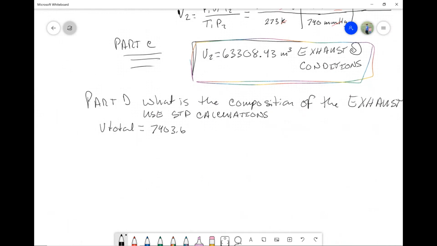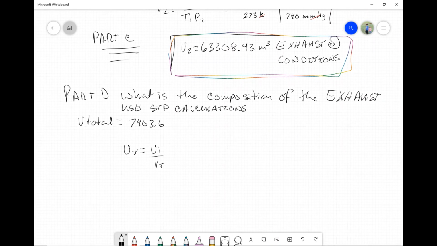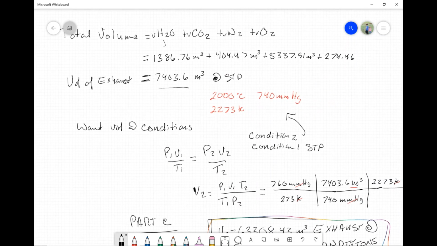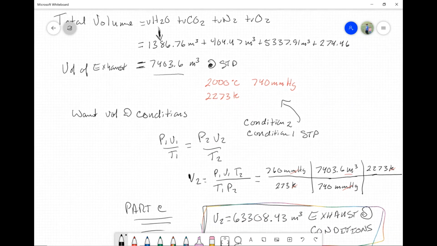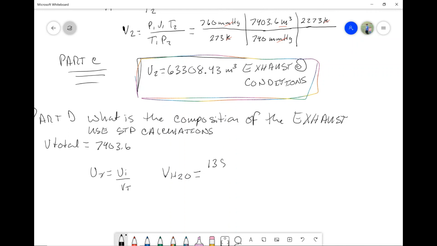So the volume fraction, so Vx equals Vi over Vt. So V of your species over your total volume. So the VH2O equals, we already solved it. So H2O, if you look, we kind of worked it out almost bookkeepingly nice. 1386.76 over 7403.6.